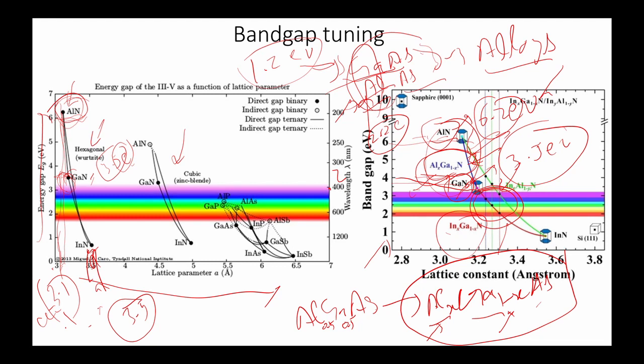We can tune the band gap to make very highly sensitive photo detectors, which are specific to the wavelength.